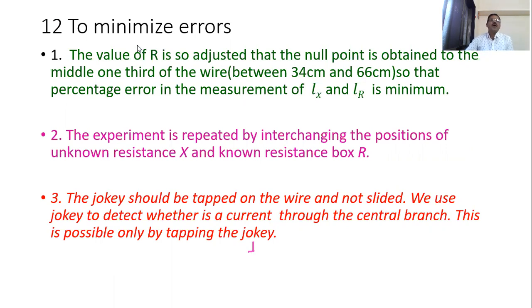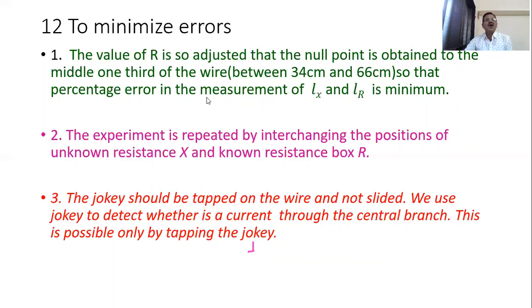Let's see how to minimize these errors. The value of R is so adjusted that the null point is obtained in the middle one-third of the wire, so that the percentage error in the measurement of Lx and Lr is minimum.